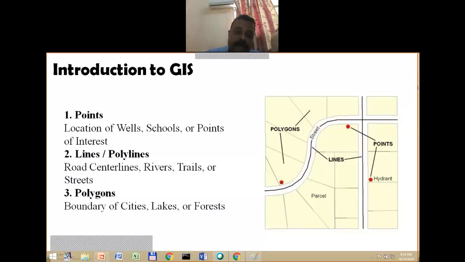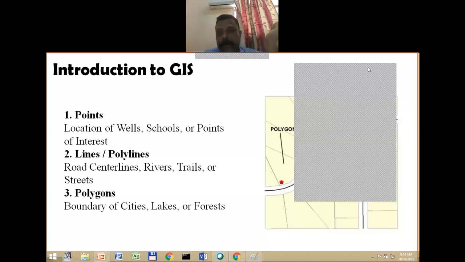You come forward. What is the definition of a point? Can you define a line? What is a polygon? There may be students from science background here, is it? What is the point?